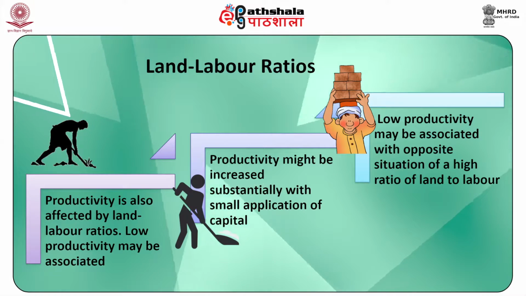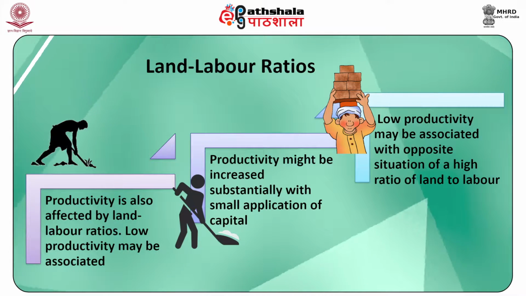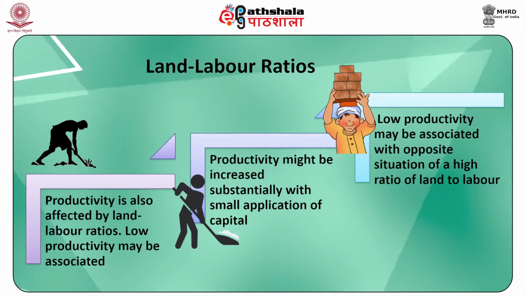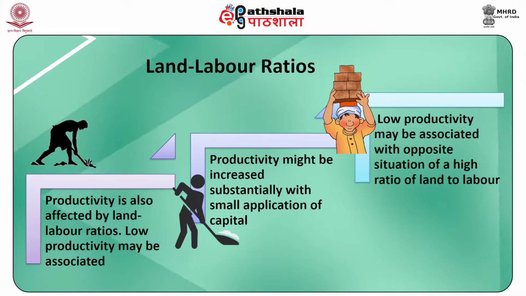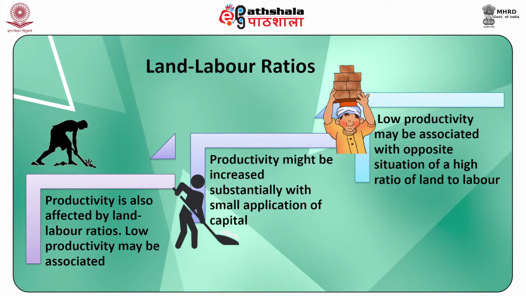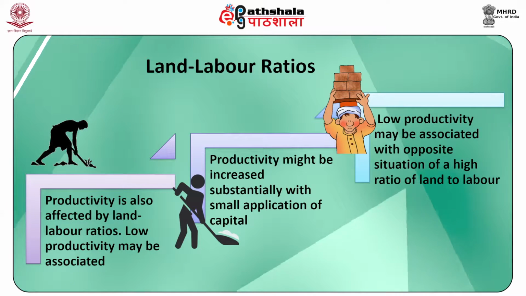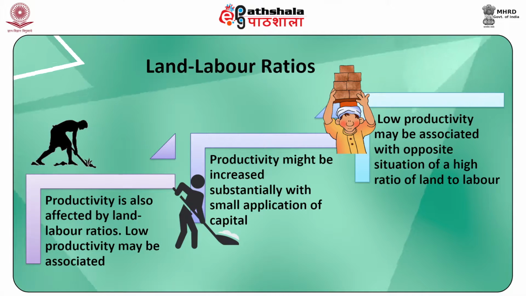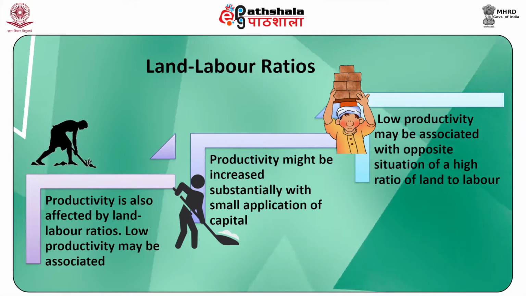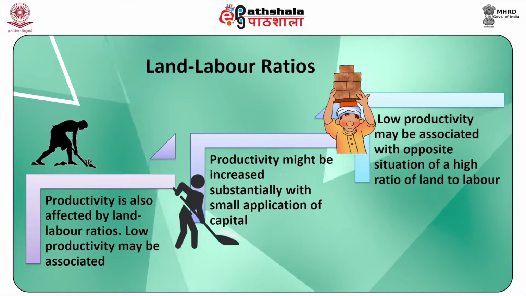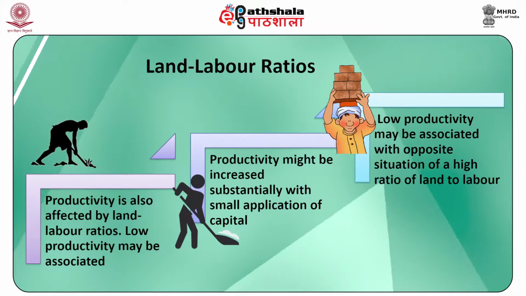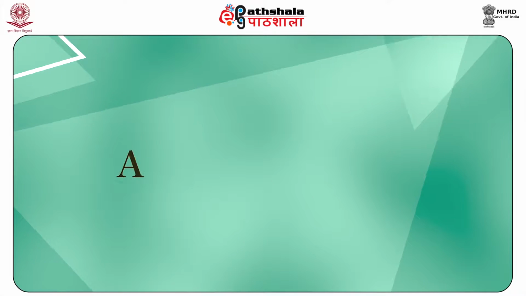On the other hand, low productivity may be associated with the opposite situation of a high ratio of land to labor, in which case the solution to low productivity is likely to involve much larger doses of capital for labor to work with. Most countries in Asia have a high ratio of labor to land, while in Africa the reverse is true.